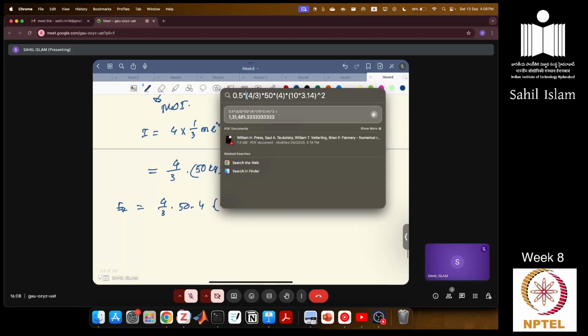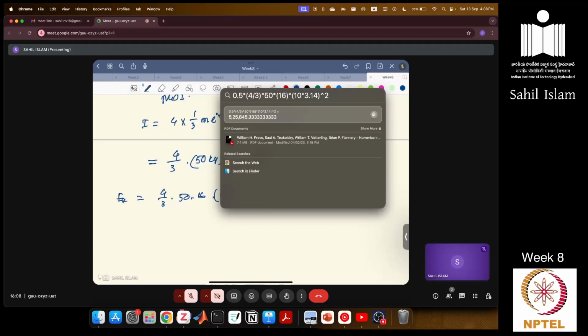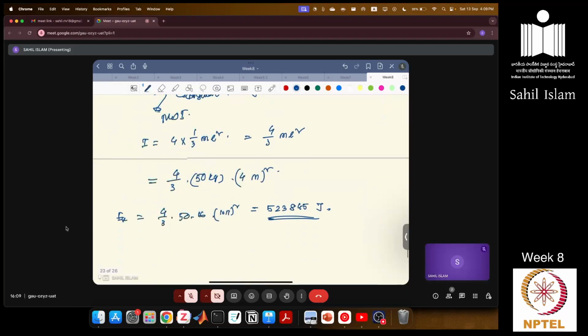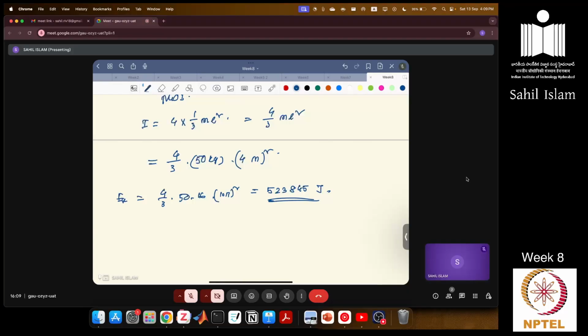Oh, sorry, this is not 4. This is 4 square, so this is 16. So I missed something here. 16. So we get 523,845 joules. So you can write any answer between 500,000 to 600,000. This is the answer, and this is not an MCQ. This is just a normal answer-type question. Okay, so this was question number 7.